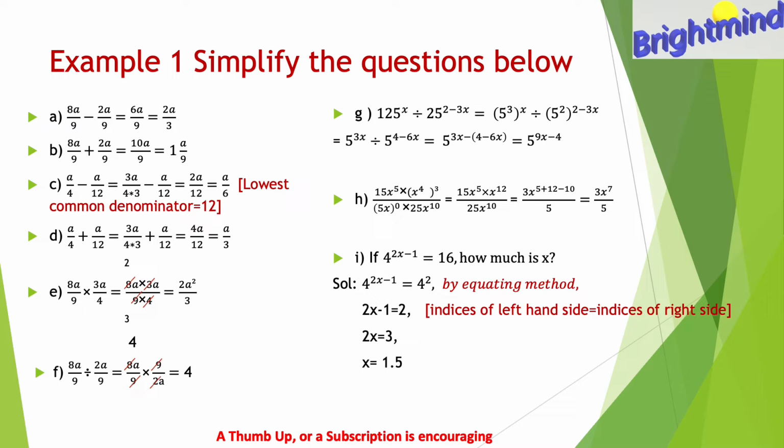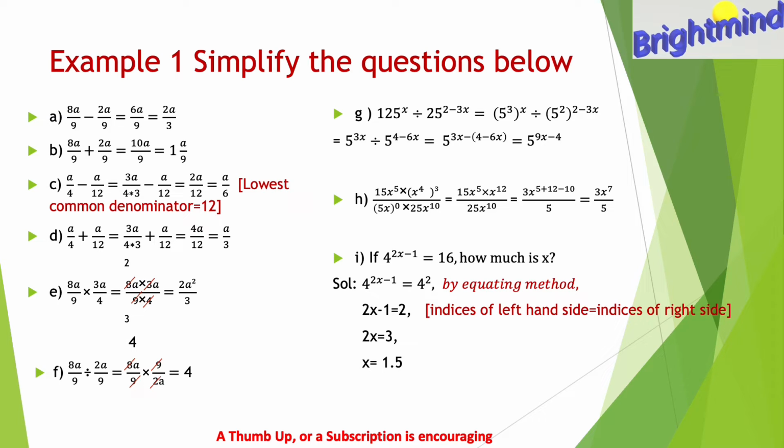So I get 3a over 4 multiplying 3 minus a over 12. 3a minus a gets 2a. So I write 2a over 12, because numerator 2 and denominator 12 have the common factor of 2, and I simplify it by dividing the 2 from numerator and denominator. The final result is a over 6.